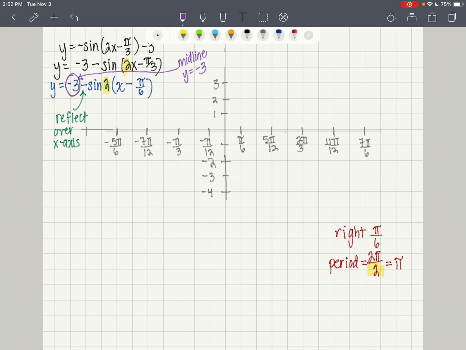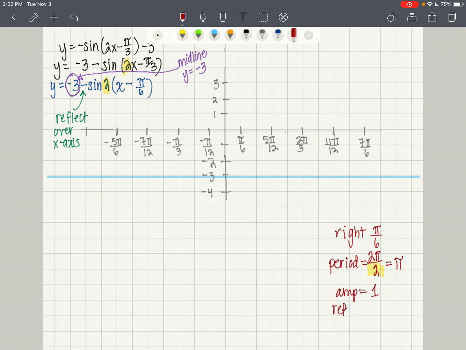So I'm going to highlight that midline first. We're going to have an amplitude of 1 because the coefficient of sine is 1 with that minus out front there. So our amplitude is 1. Let's write that down. Amplitude equals 1.